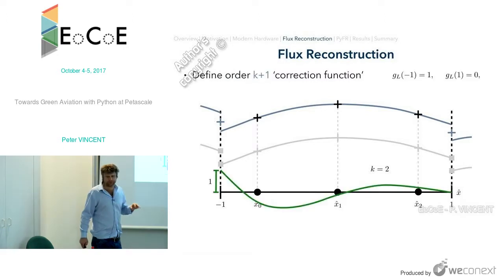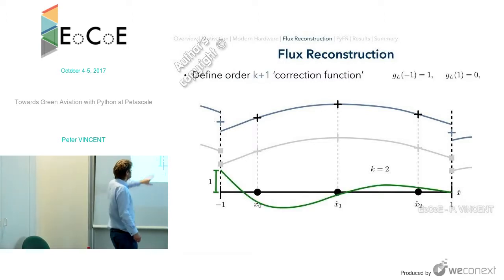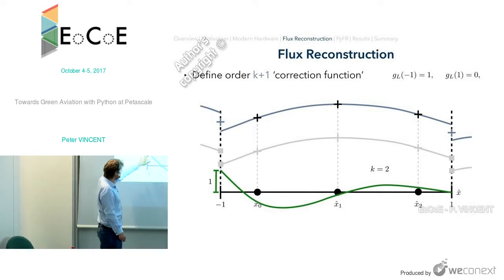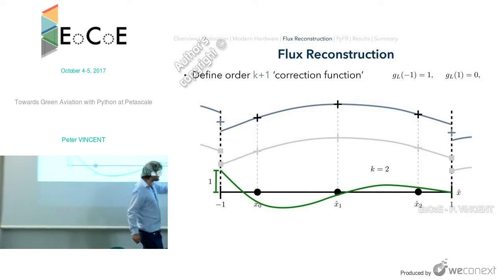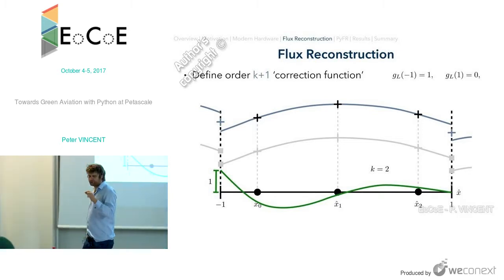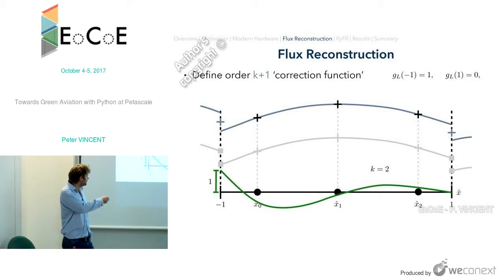And then we introduce, and this is the sort of key core of the flux reconstruction approach, the concept of a correction function. So we have to start with a left correction function, GL, that has a value of 1 here on the left, 0 here on the right. It's of 1 degree higher than the solution polynomial. So here it's a 3rd order polynomial because the solution was 2nd order.